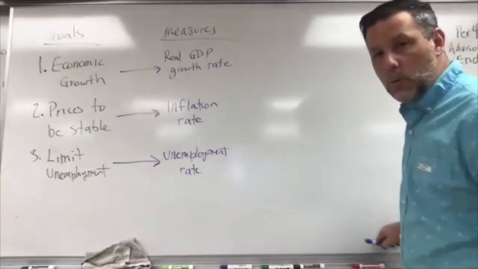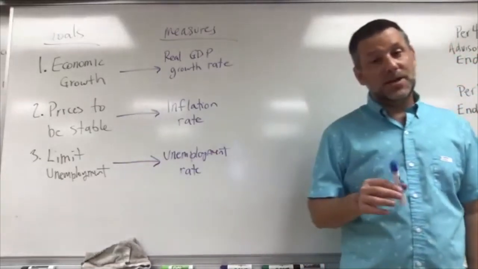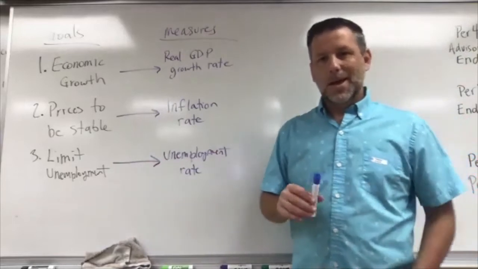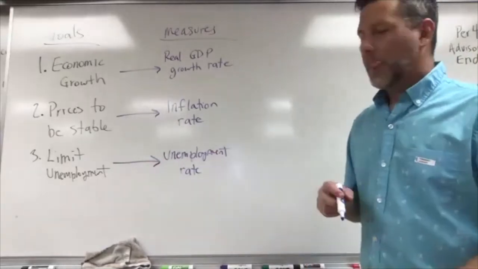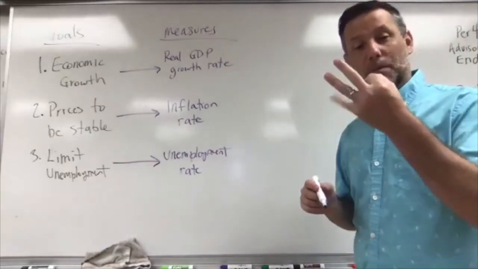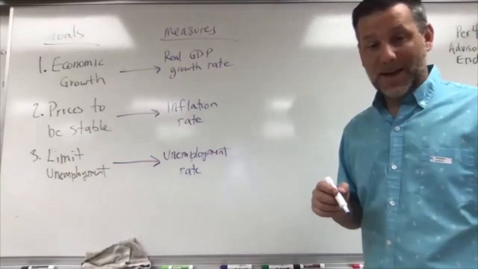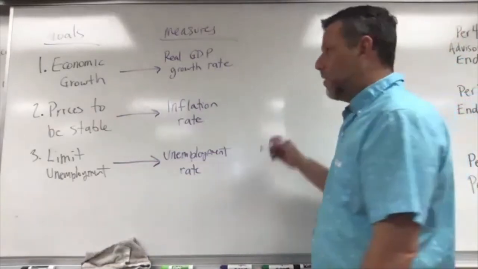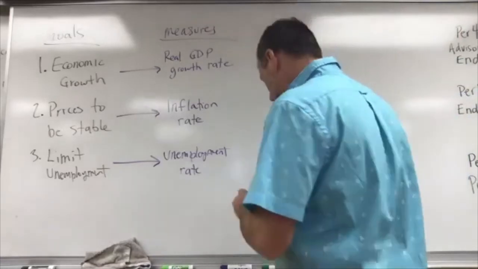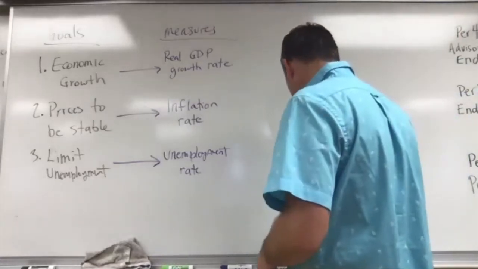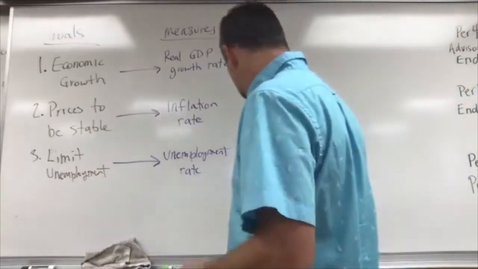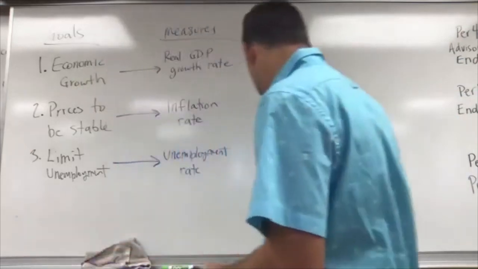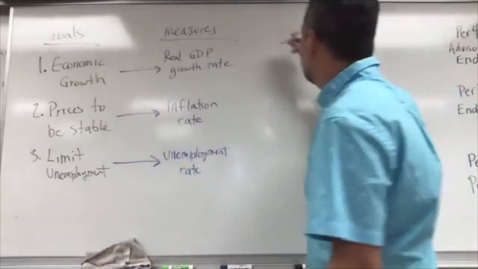Depending on what those three things tell us, we can get three different possible answers as to what's happening in our economy. So remember, actually, I'm going to use green here.